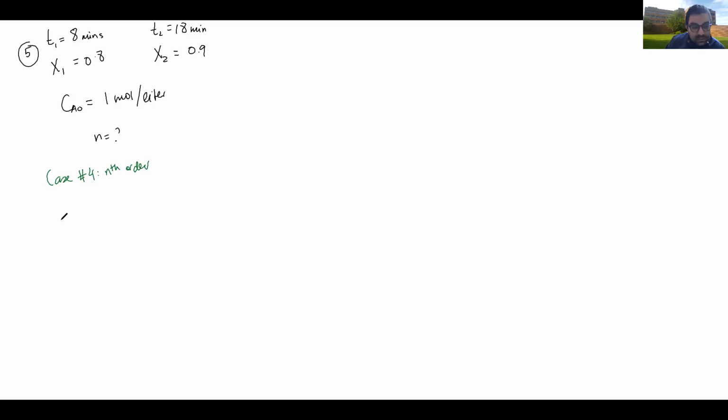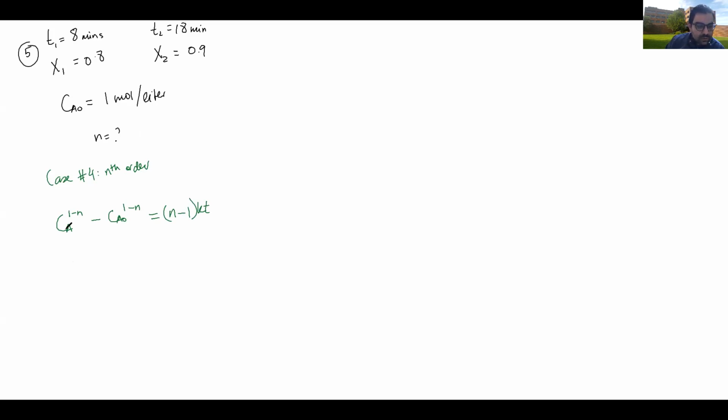In this case, if you recall, the equation was CA^(1 minus n) minus CA naught^(1 minus n) is equal to (n minus 1) kt. Because I'm given information in terms of X, I'm going to rewrite this in terms of X. I'm using A to represent my species.